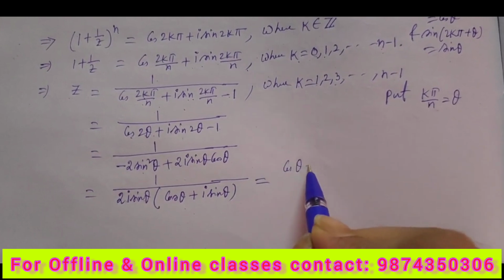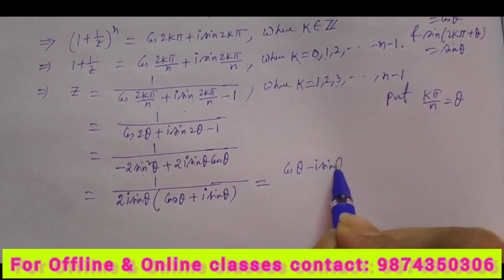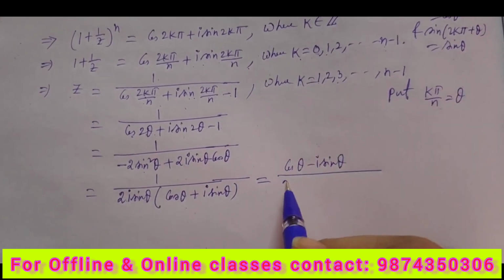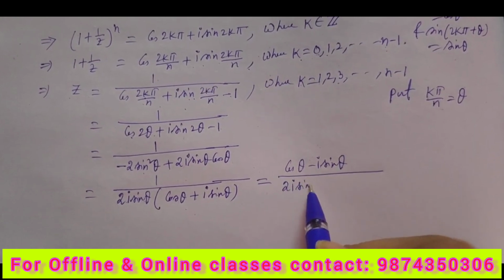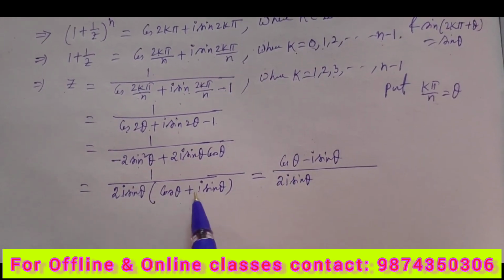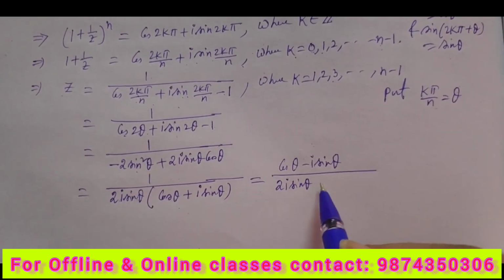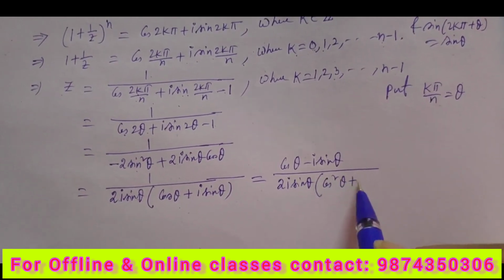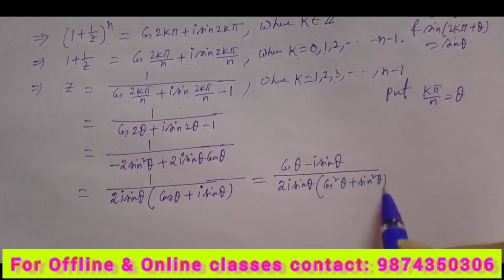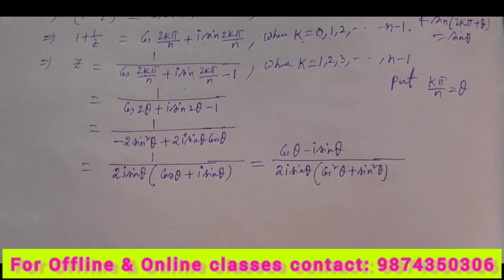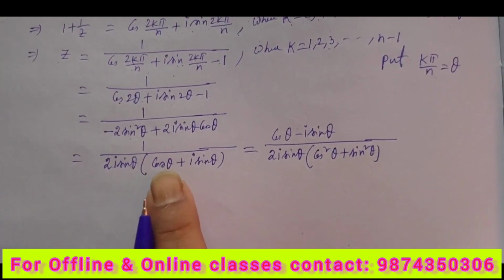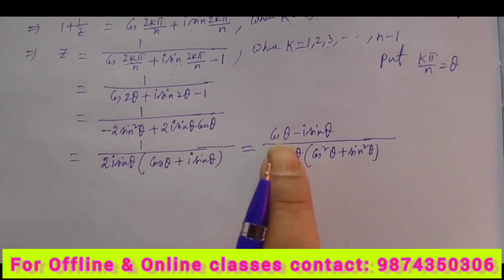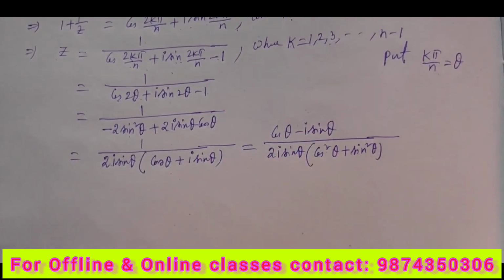So this is cos theta minus i sin theta whole divided by 2i sin theta into cos theta plus i sin theta into cos theta minus i sin theta. We multiply the conjugate of cos theta plus i sin theta, which is cos theta minus i sin theta.